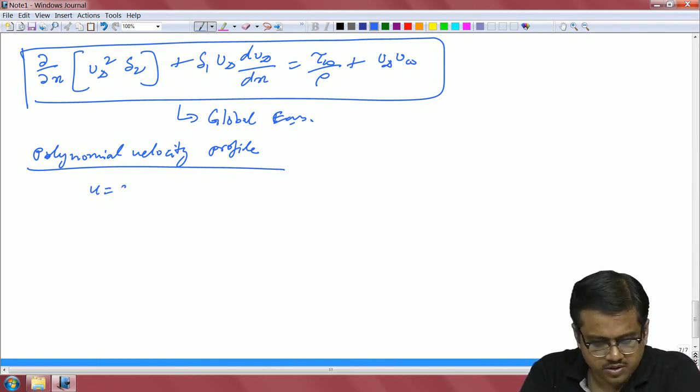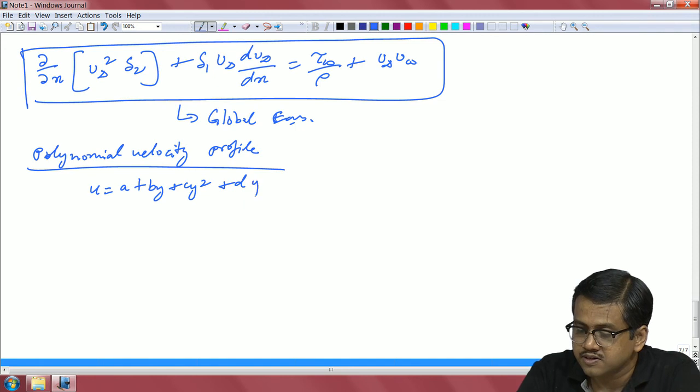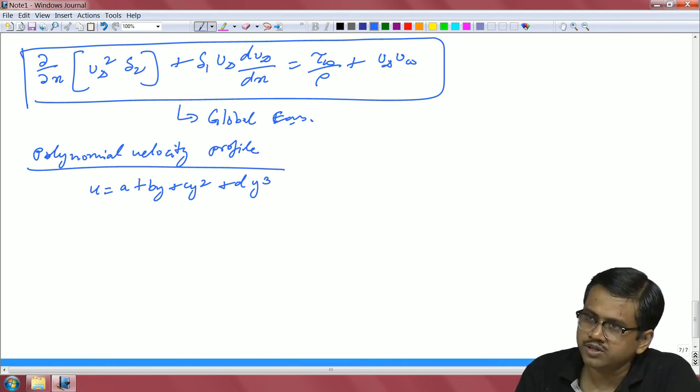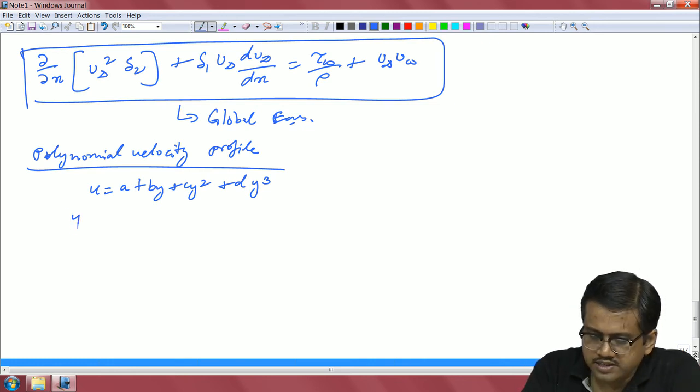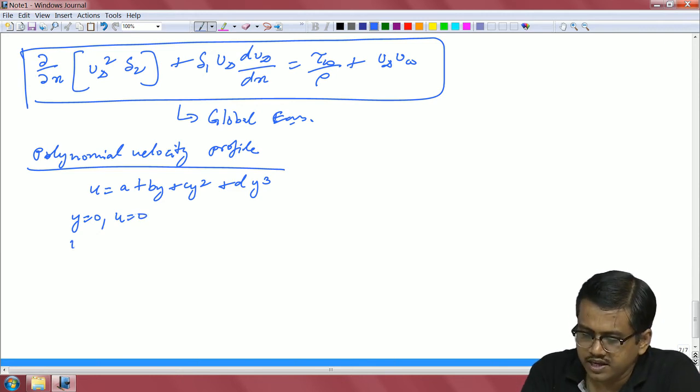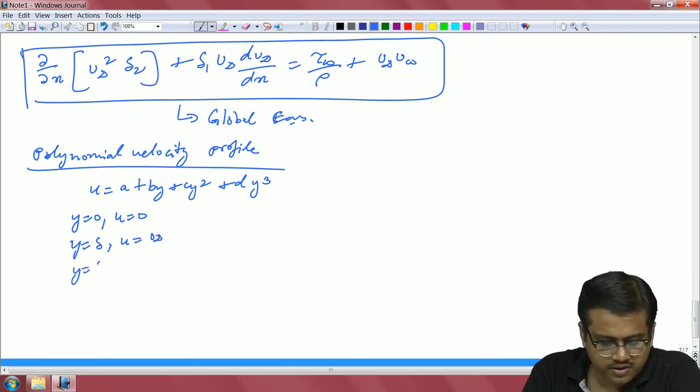It can be other profiles also, by the way, so long as it makes physical sense. So, this is a common polynomial profile ABCD, a typical third order polynomial. So, y is equal to 0 at u equal to 0, and at y equal to delta u is equal to u infinity, at y equal to delta du by dy is equal to 0.